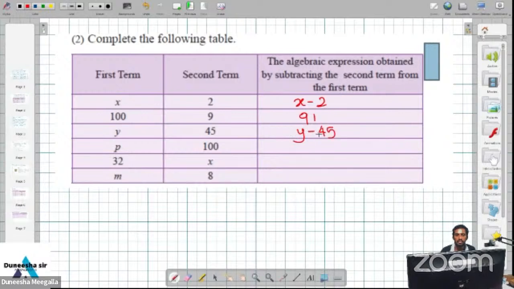Next one is p minus 100. Next one is 32 minus x. Next one is m minus 8.